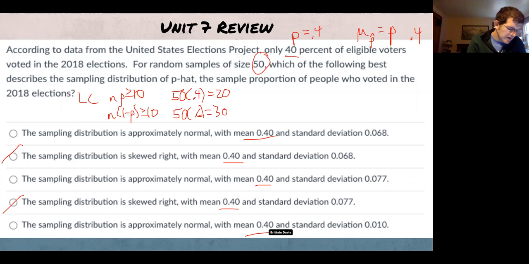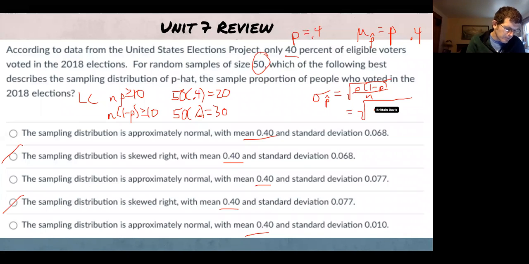But now the standard deviation for a sampling distribution for sample proportions is the square root of p times 1 minus p divided by n. And I can do this calculation pretty quickly.